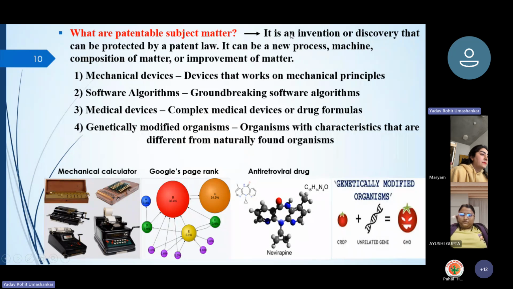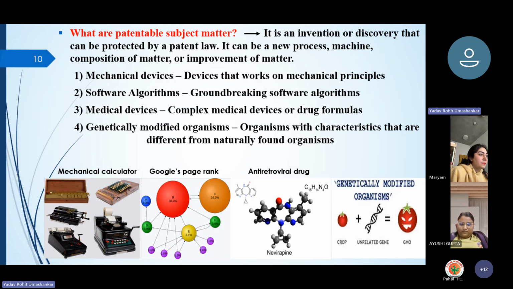It is an invention or discovery that can be protected by patent law. Not everything can be patented; it has to follow certain rules that are given here. Mechanical devices that work on mechanical principles, and software algorithms, but that software algorithm should be something groundbreaking.